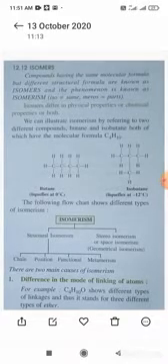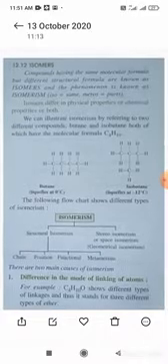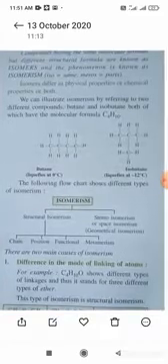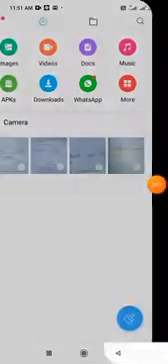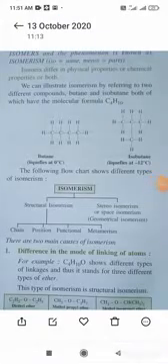We can illustrate isomerism by referring to two different compounds, butane and isobutane, both of which have the molecular formula C4H10. You can see here, the main chain has 4 carbon atoms. There are 4 carbon atoms in butane, and there are 4 carbon atoms in isobutane as well.